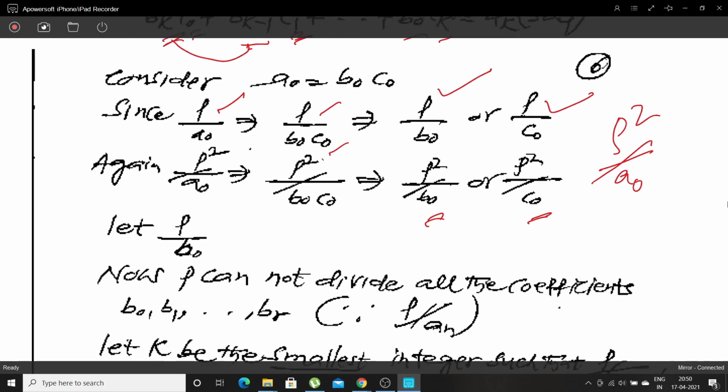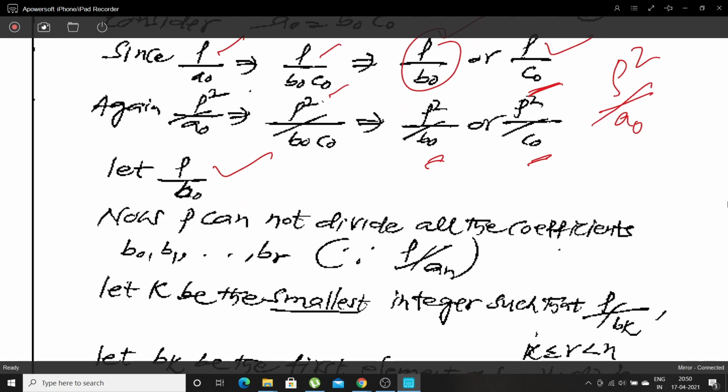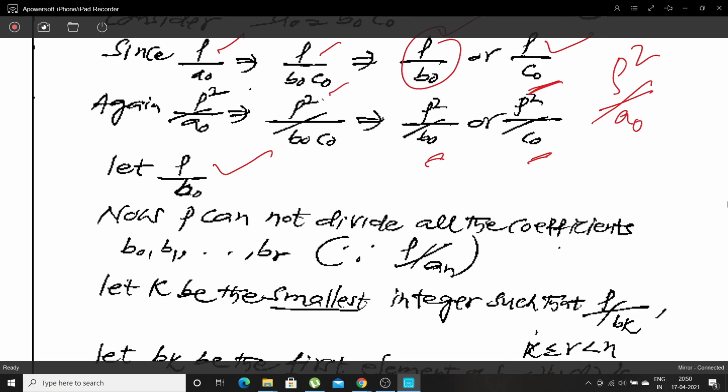Let me take p divides b0. If p divides b0, that means I should get p does not divide c0. Listen to my words carefully. P cannot divide all the coefficients. This is very important, as I said earlier also.